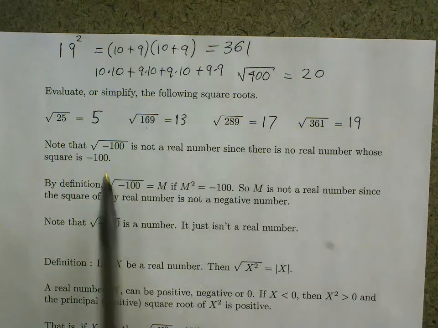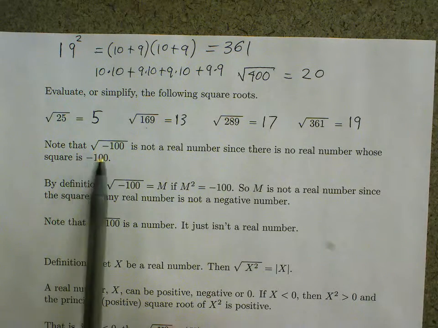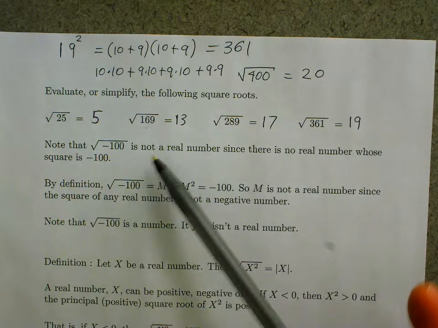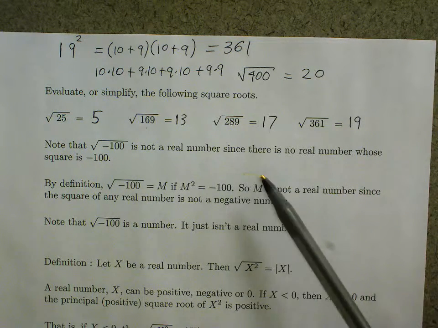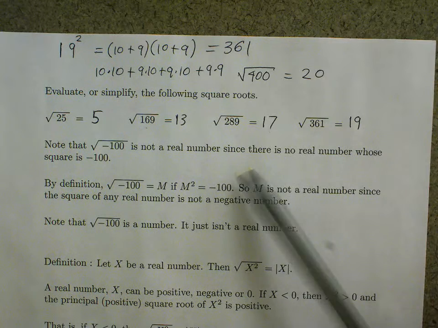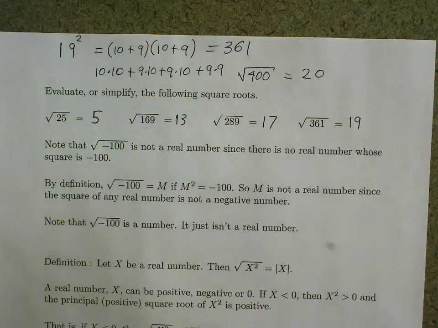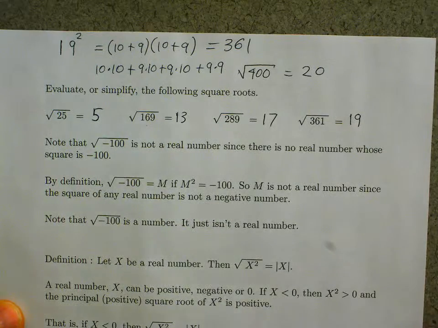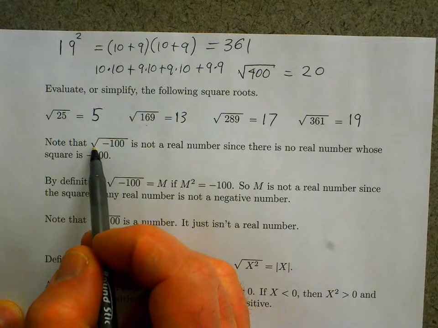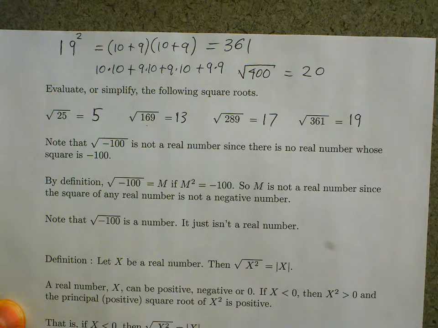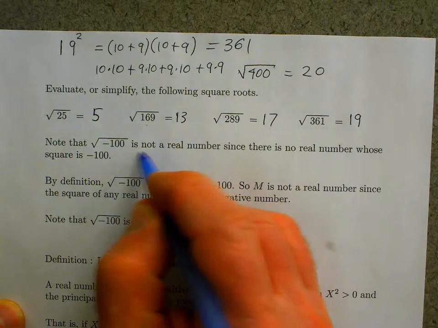Okay, moving on. Note that the principal square root of negative 100 is not a real number. The reason is there is no real number whose square is negative 100. So anytime you see a square root of a negative, just keep in mind that it's not a real number.